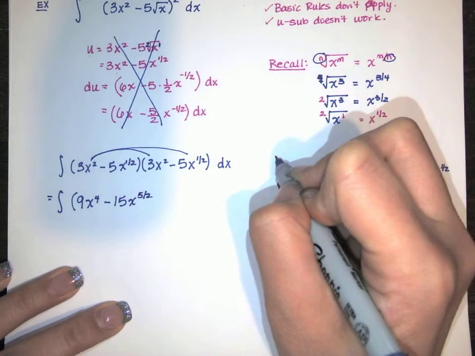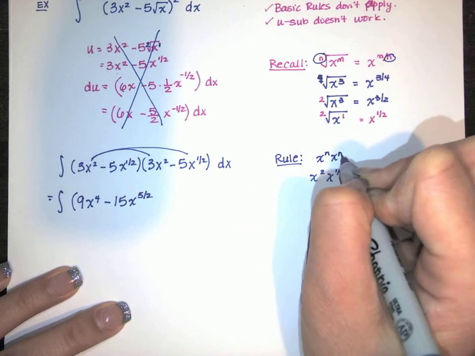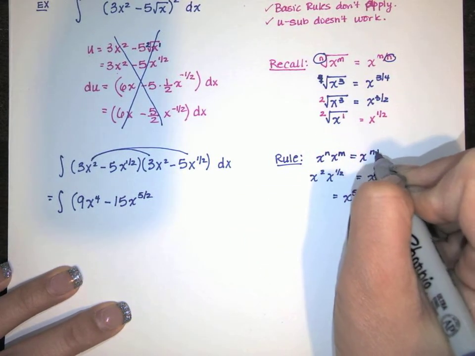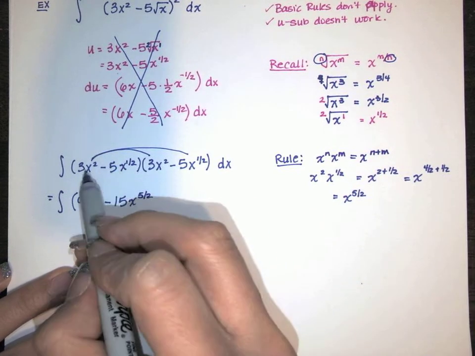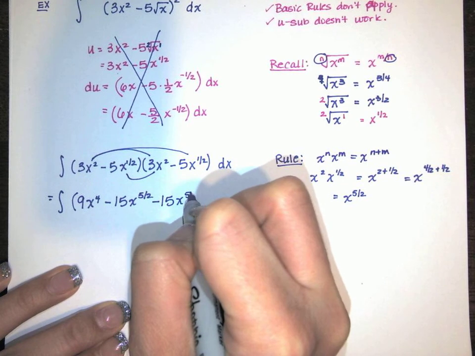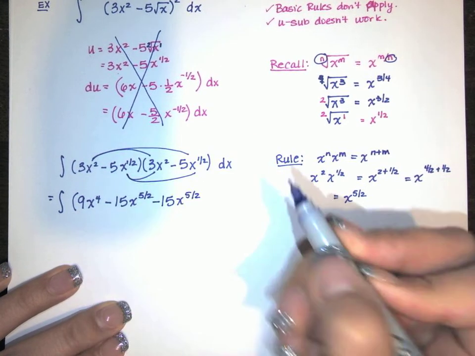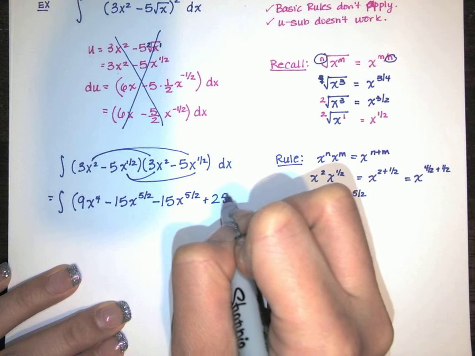Because here's our rule. X to the n times x to the m is x to the n plus m. Add the exponents. So that's outer times outer, inner times inner is exactly the same, so we just write that down. And then last times last, negative 5 times negative 5 is positive 25.